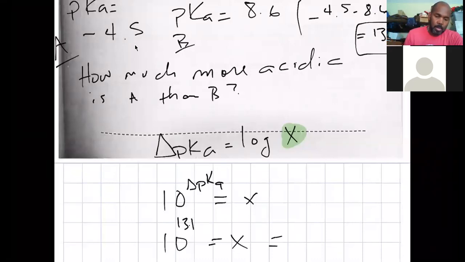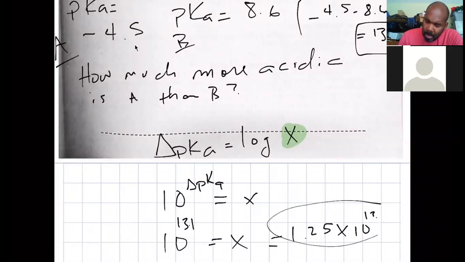I got 1.25 times 10 to the 13th power. Yeah, that's a lot. That's almost over a trillion times more acidic, right? What that means is that for every one proton that acid B gives away, are you following?